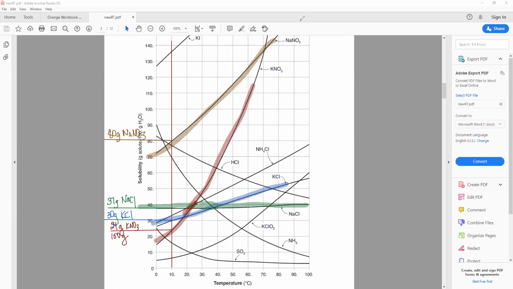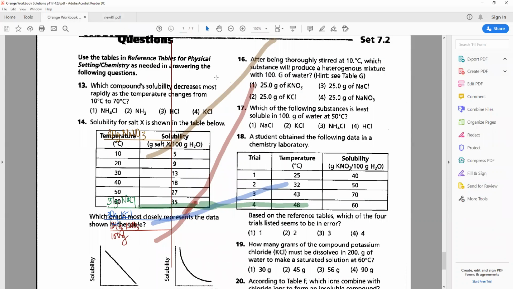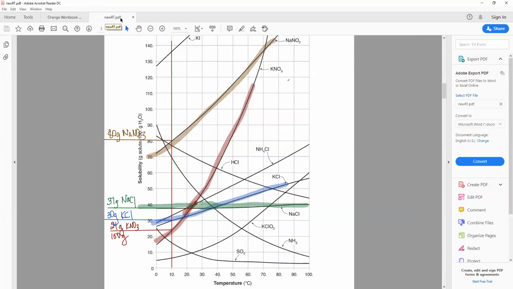Okay, let's go to our question. Maybe I should write them over here. So for KNO3, in order for me to have a saturated solution, what do I say? For KNO3, I need 24 grams, right? 24 grams. Let me just go back. Yeah, 24 grams.